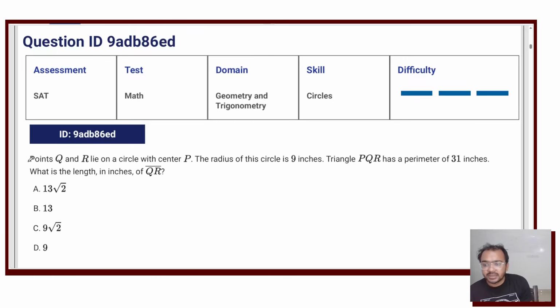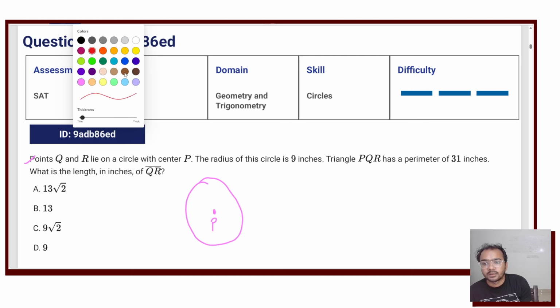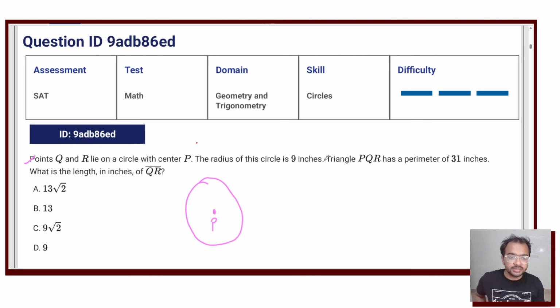Here we are given that points Q and R lie on a circle with center P. So let's draw a circle and mark the center as P. The radius of the circle is 9. Triangle PQR has a perimeter. Q and R will be somewhere on the circle, and if you join these, you will get a triangle PQR, for which the perimeter is given.